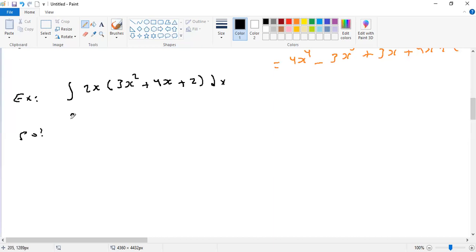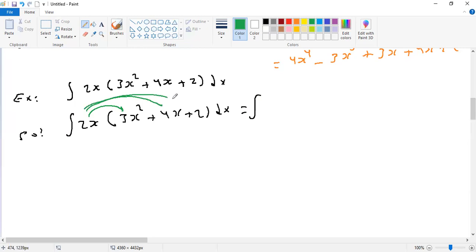In this case, we have 2x times 3x squared plus 4x plus 2 dx. First of all, say integral. So we have to multiply here, that's the first step.